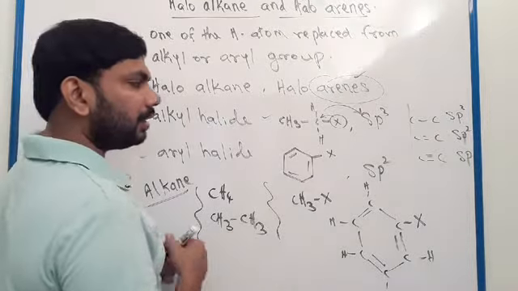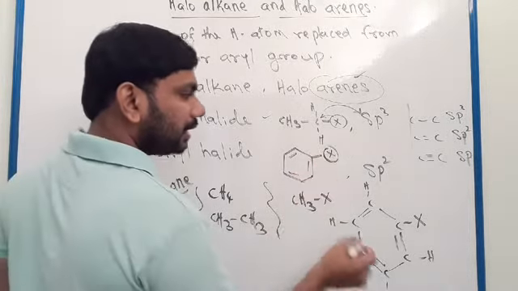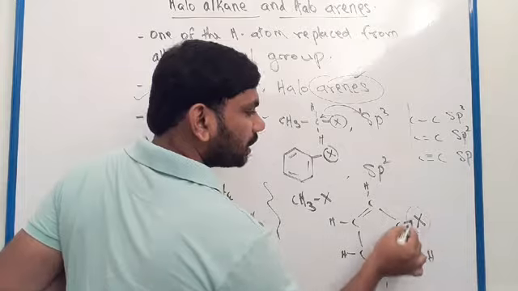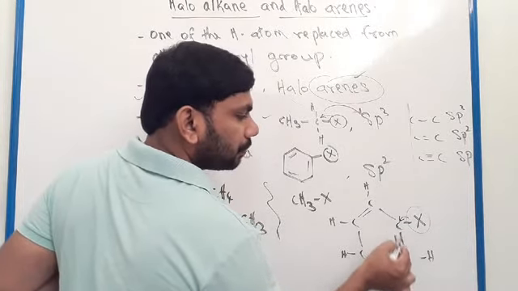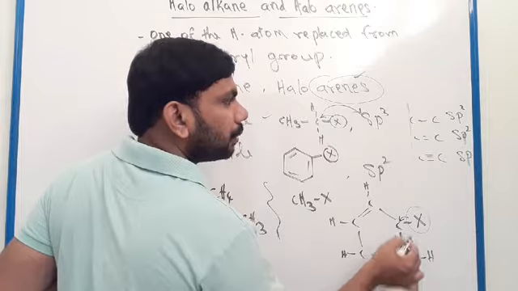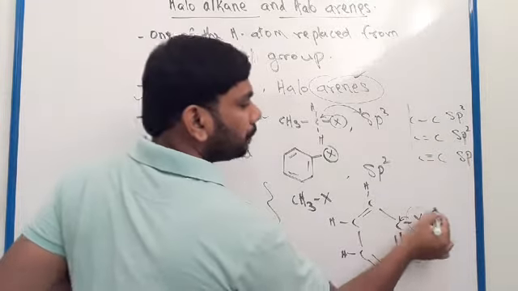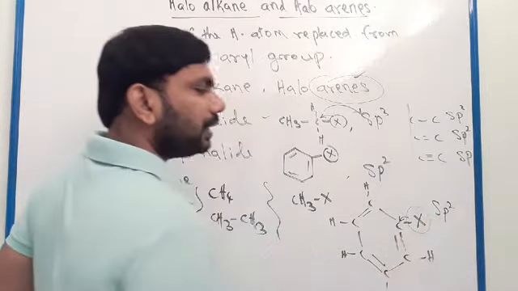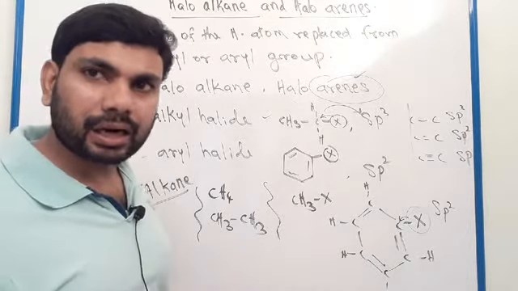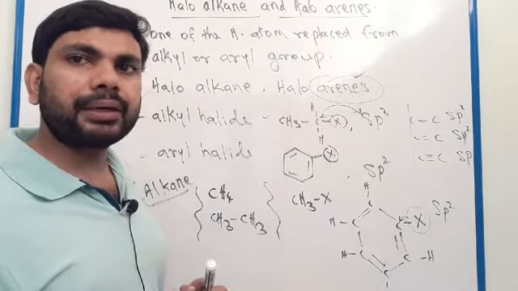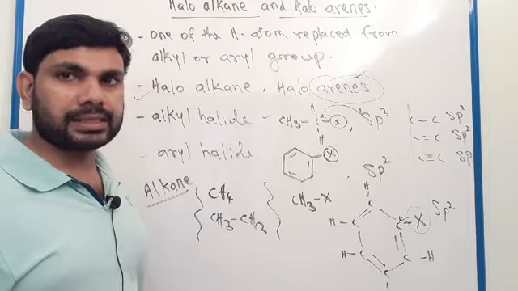Here halogen is directly attached to a carbon with a double bond, so this carbon is sp2 hybridized.